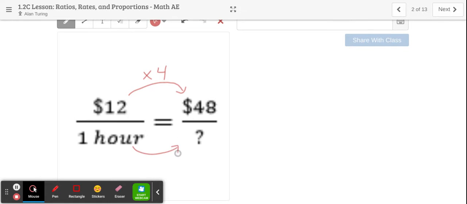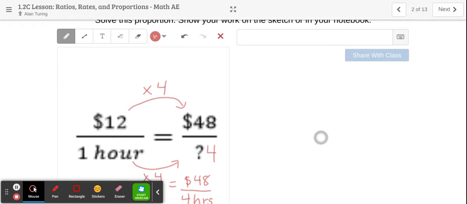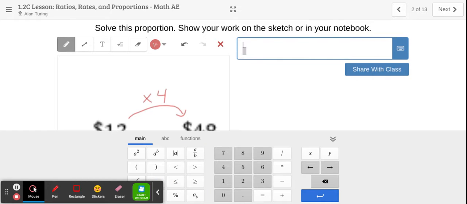So if you multiply 1 times 4, that's going to give us 4. So this would be $48 for 4 hours. So $12 for 1 hour is equivalent to $48 for 4 hours. So you can type that in your text box.